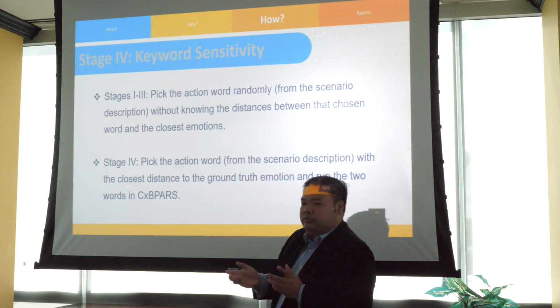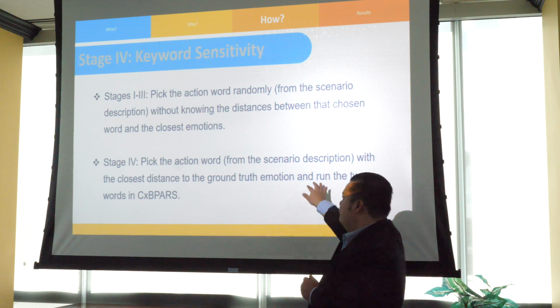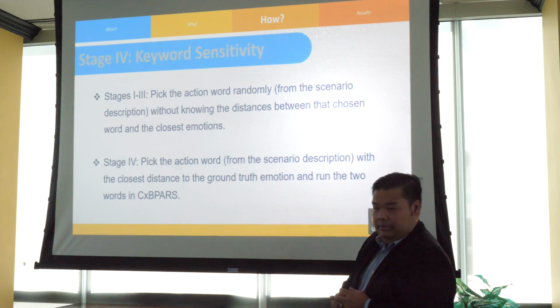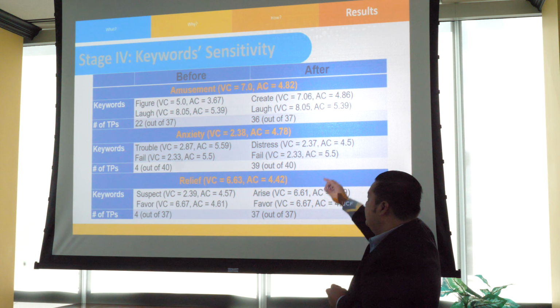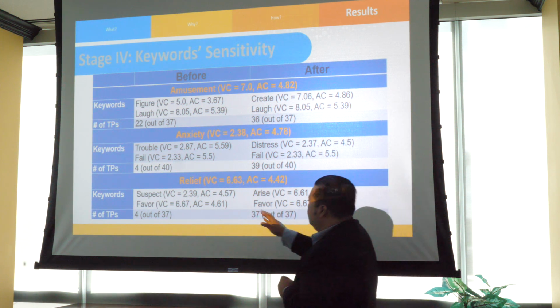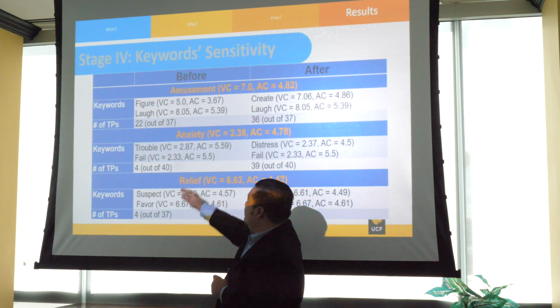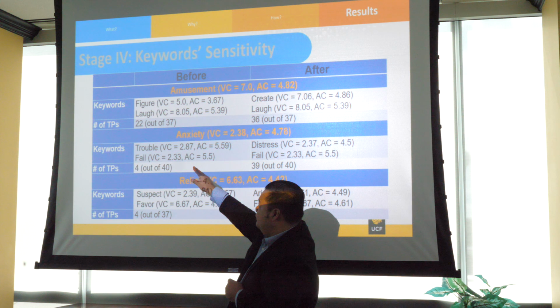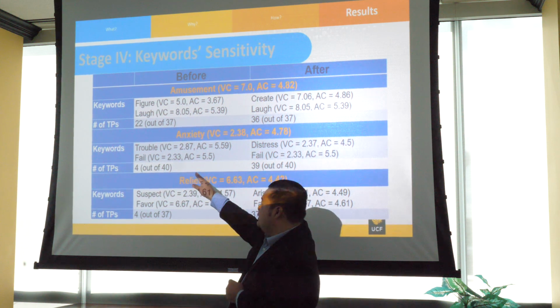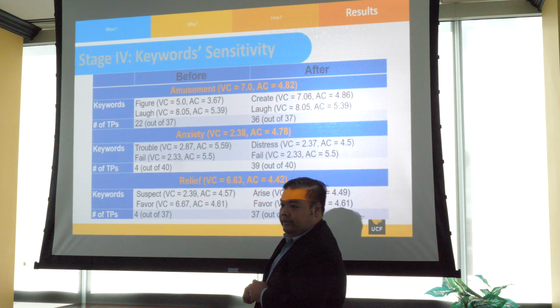I know it's cheating, but I just want to see what the effect is on our CXB class. So for this next phase of experiments, I just picked the emotions amusement, anxiety, and relief. From stage 1, it was this result. For amusement, I used figure, laugh, and the accuracy was 22 out of 37. Anxiety, 4 out of 40, and 4 out of 37 for relief.